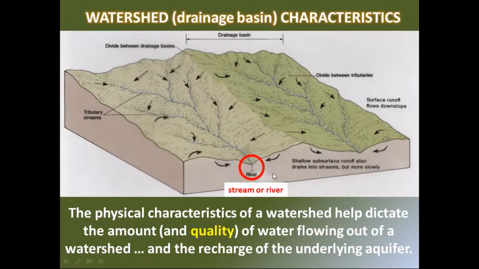A bit of nomenclature right off the bat. Stream or river are used fairly interchangeably. In this discussion, I think I'll be using the term river more than stream. If anybody's curious about what the difference is, I've heard several. Some propose that the use of river versus stream depends on the size of the feature: a bigger body of water flowing in a singular channel, you'd call that a river.